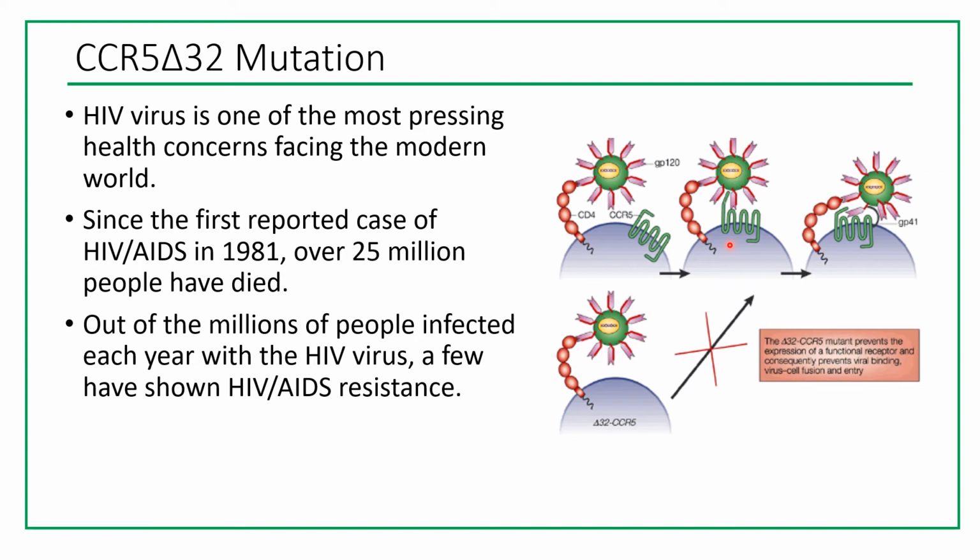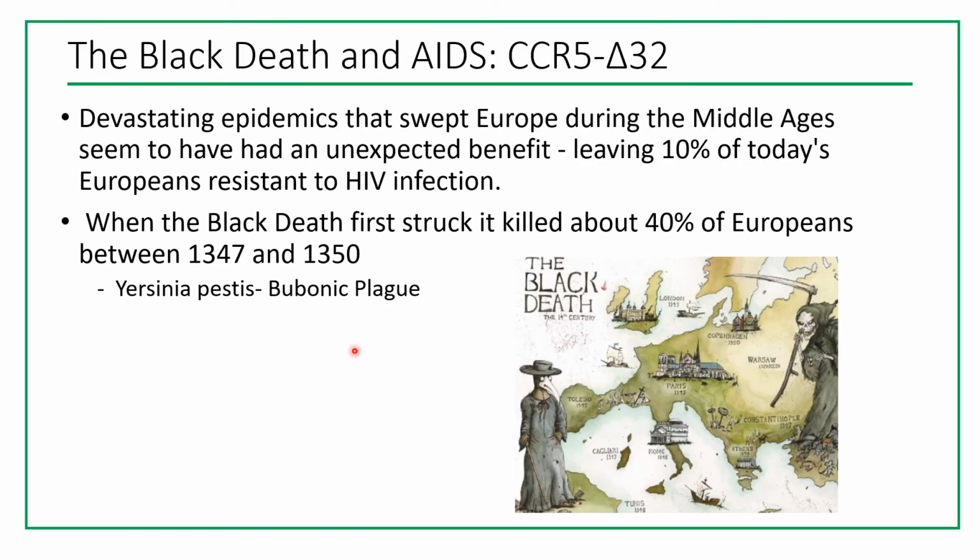And this only happens in people of European descent. So is it somehow similar to sickle cell anemia or not? Scientists believe that it might be. Scientists believe that the Delta 32 mutation happened somewhere around 1347 to 1350, when about 40% of Europeans were killed by bubonic plague.